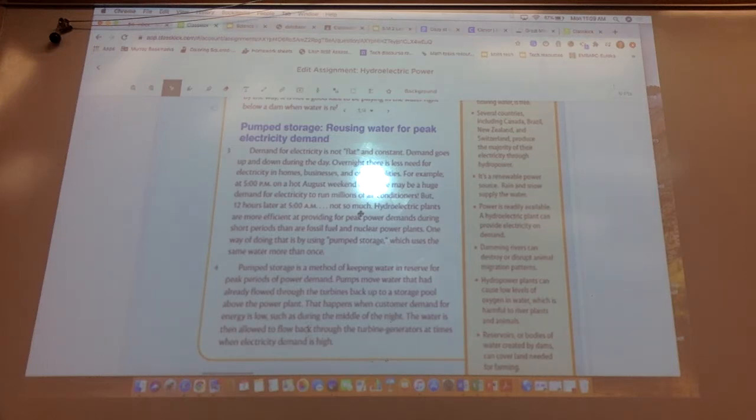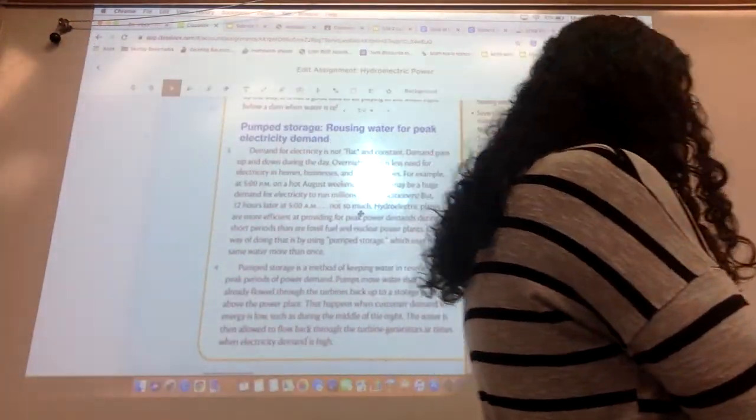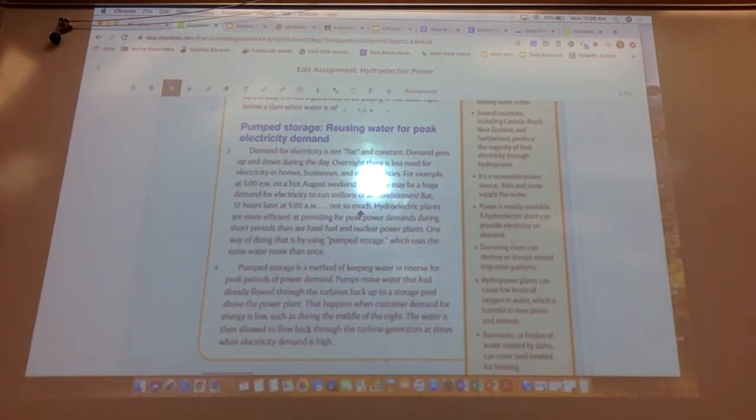Okay, paragraph 3, ready? Pumped storage, reusing water for peak electricity demand. We're thinking about benefits and problems. Demand for electricity is not flat and consistent. Demand goes up and down during the day. Overnight, there is less need for electricity in homes, businesses, and other facilities.